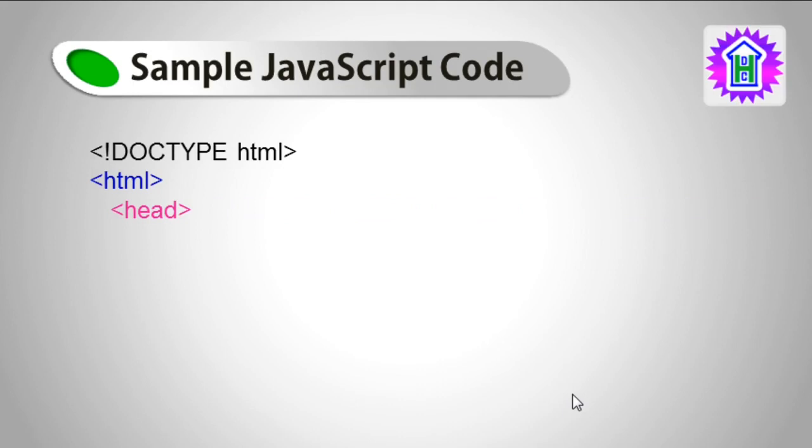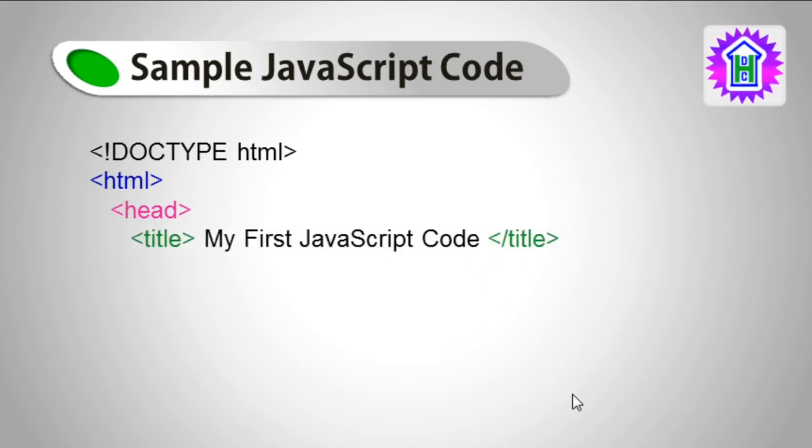Head specifies the header information of the web page. Here we can write the title of the web page, which is going to be displayed on the title bar of the web page, or it can be displayed in a tab also. So as a title we have written my first JavaScript code.